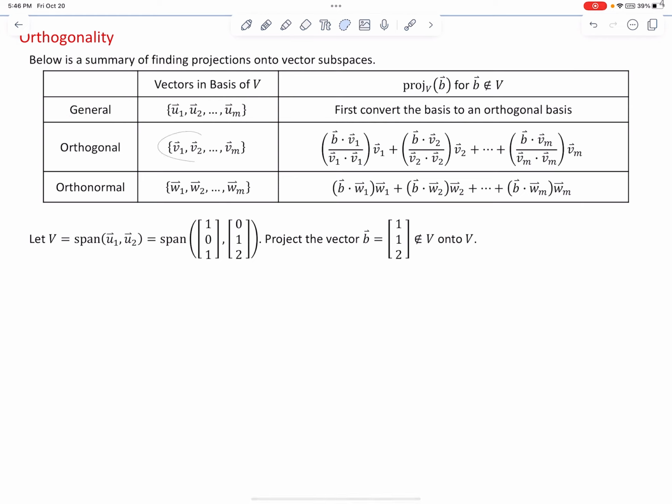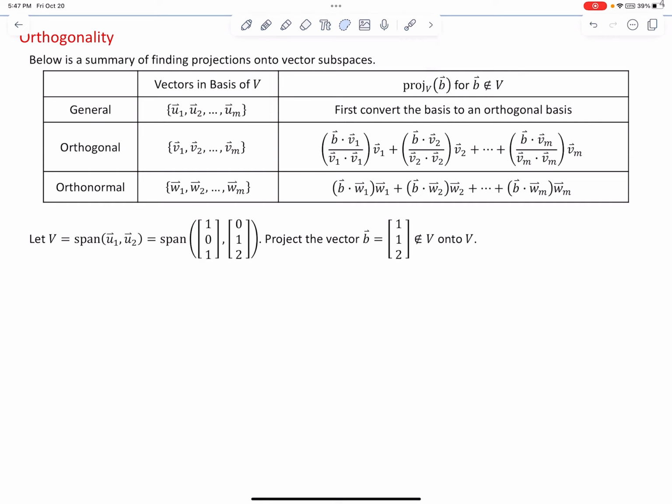We'll use the v's to represent the conversion to an orthogonal basis, and then the w's to represent the conversion to an orthonormal basis. So if you're trying to take a vector b that's not in this vector space and project it onto that vector space, basically trying to find the vector in the vector space that's, quote-unquote, closest to vector b, then we follow the following.